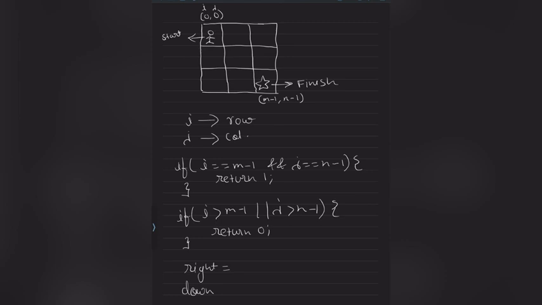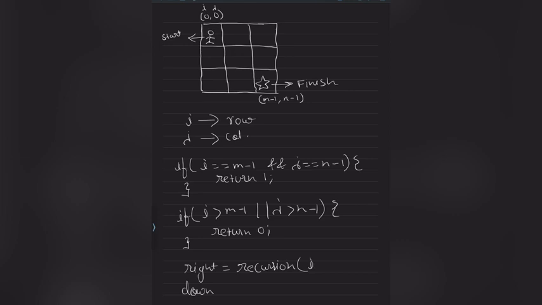And similarly, if the robot is standing here and he is going in this down direction, what we are doing, we are increasing the size of the row, that is 1 comma 0. And similarly, if it goes down again, then we will increase by 1 again, and it becomes 2 comma 0, right? So we'll call the function, and we will increase the size of the column, right?